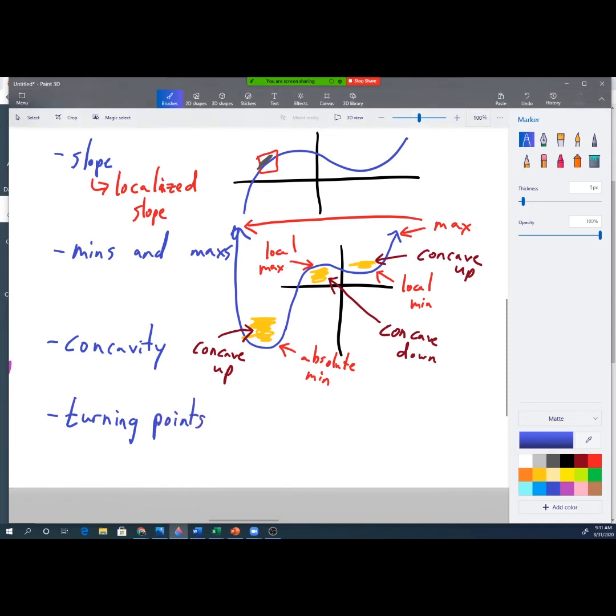And turning points, technically there's two different things I can mean. Turning points, in one sense, are your minimums and maximums, because you're going from up to down. But more importantly, it's going to be the points where concavity changes.